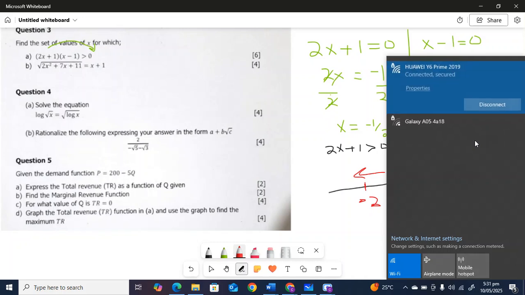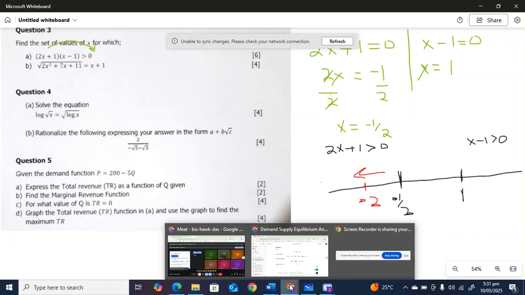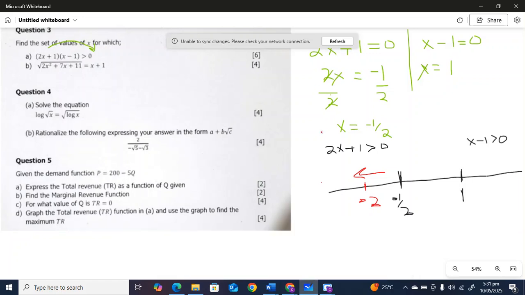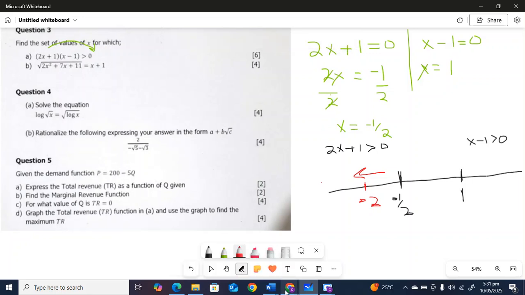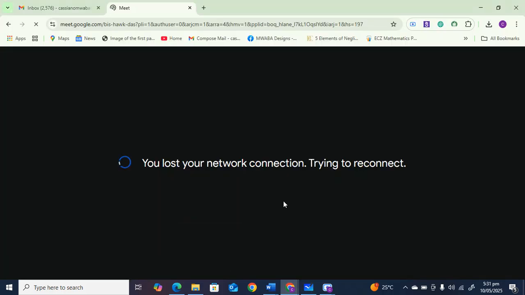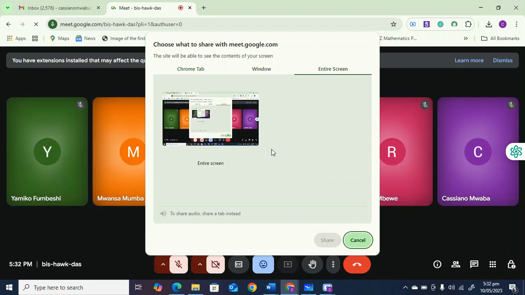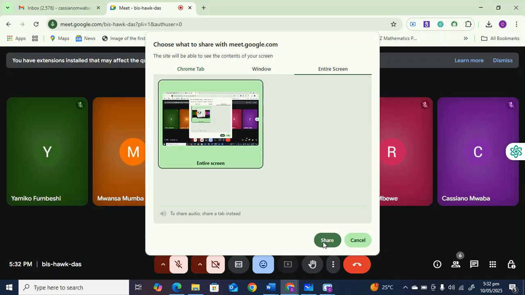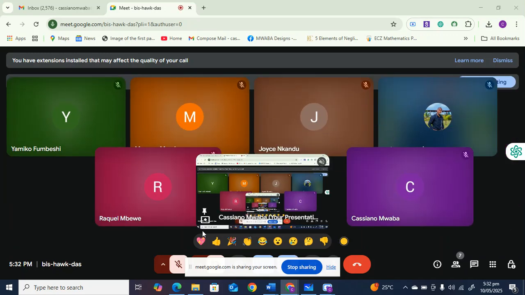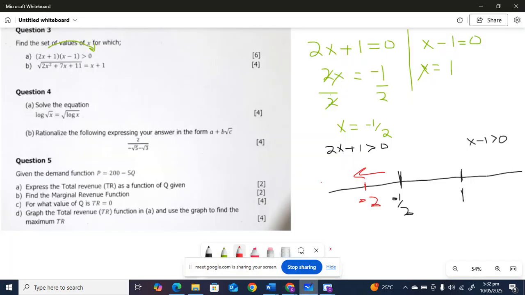Hello? Yes, we're on this number line part and want to find values which are going to hold the inequality true.